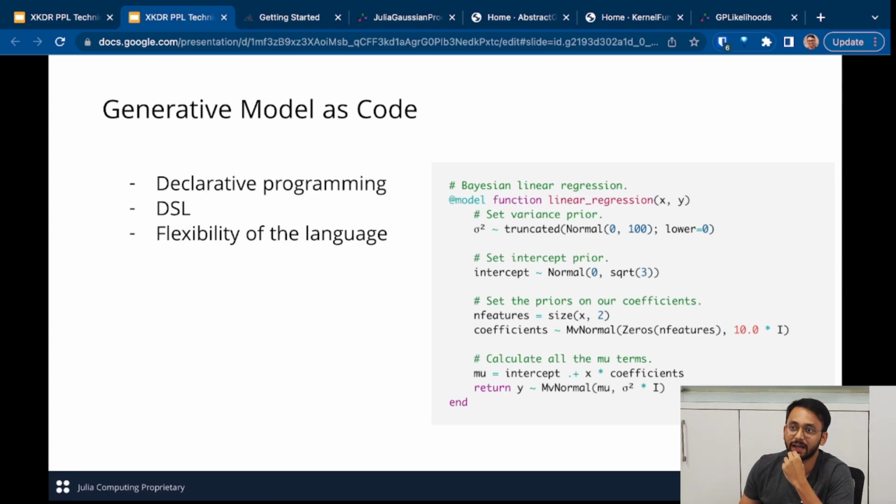In Julia, we enable this through the use of macros and powerful meta programming capabilities, and at least in Julia, you will be able to use the full flexibility of the language within this model specification. This enables a very high expressive power while maintaining the declarative nature which is required to convert this good looking or user readable pseudocode like code into actual underlying Julia code.